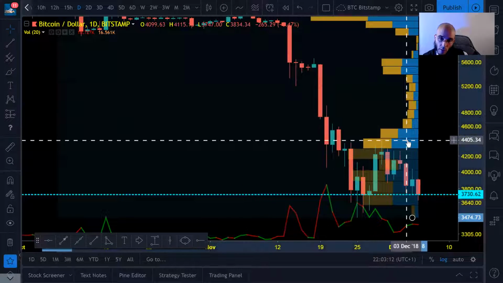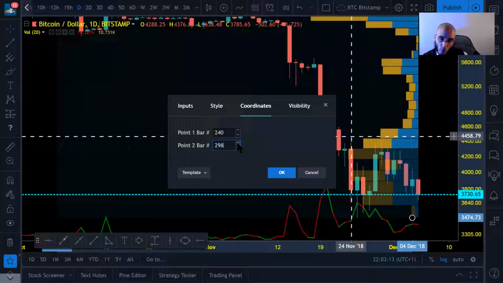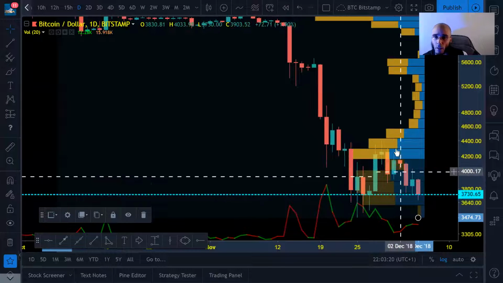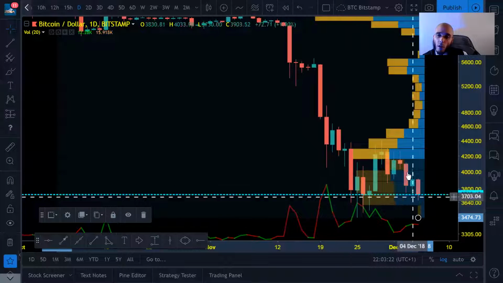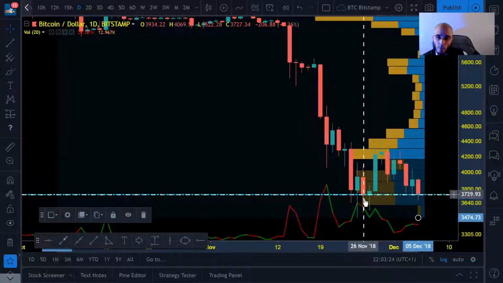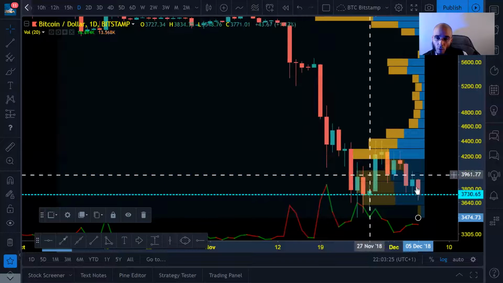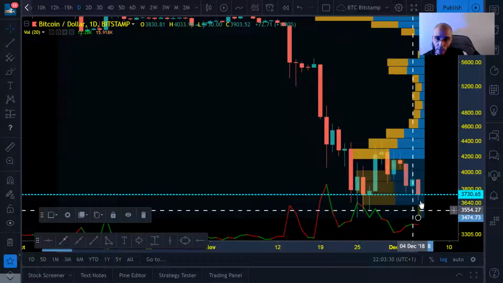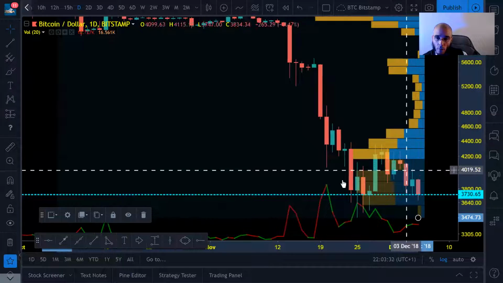Let's actualize the volume profile and see if something changed. I don't think there's much change. Now we have a higher volume profile in this area, but it is very low below this area.